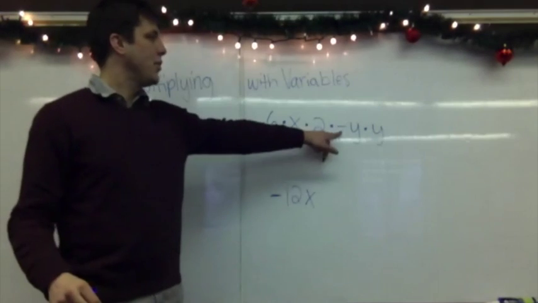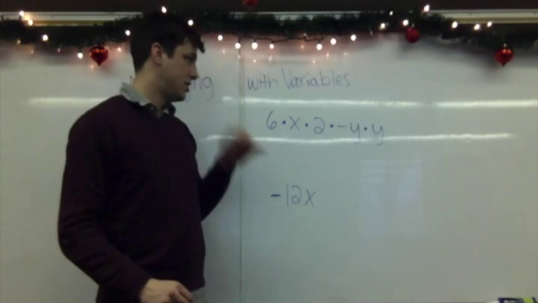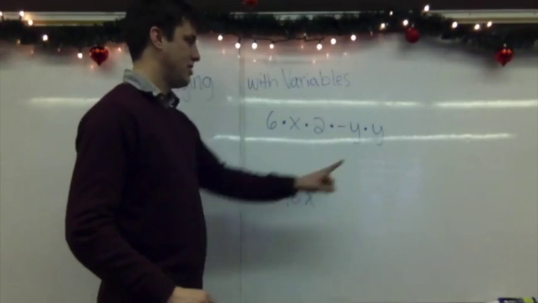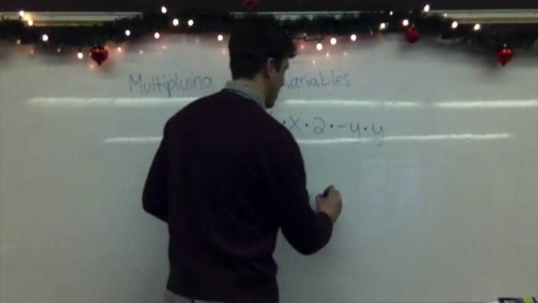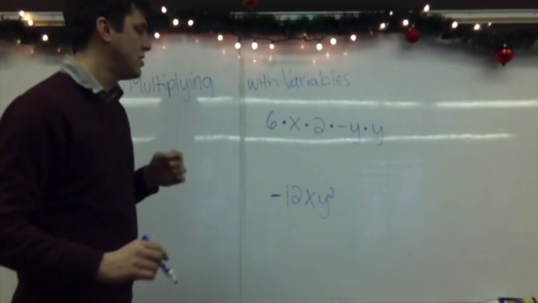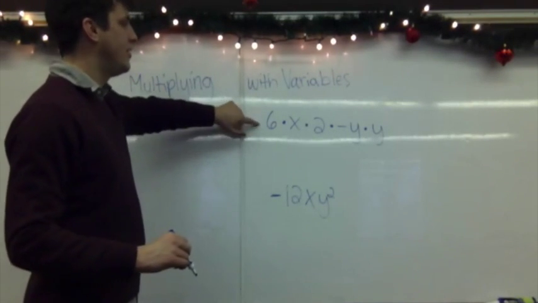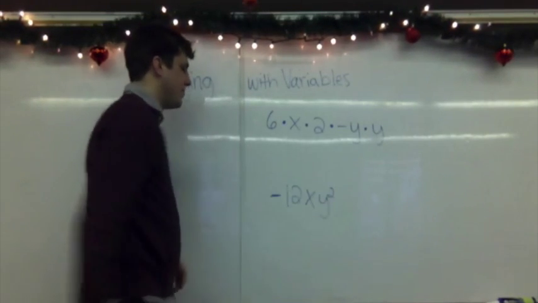Now, I've already dealt with the negative. The negative went to the front of my equation. And so we can ignore the negative and just say we have a y and we have a y. And those 2 y's are going to multiply together to equal y squared. So the simplified version of this term is 12xy squared.